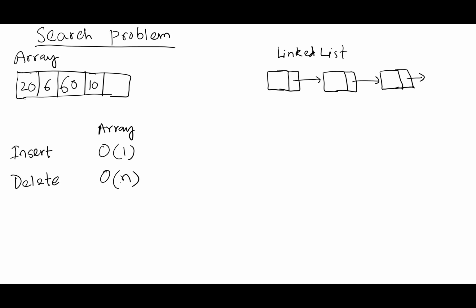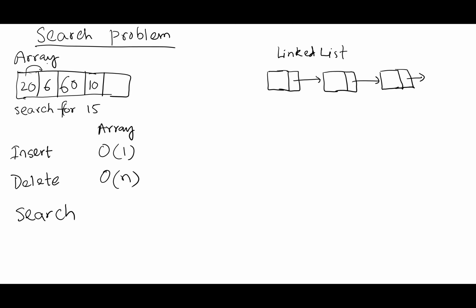Now the important one that we wanted to talk about, the search. Say someone asks to search for 15. To decide whether 15 is in the array or not, we have to check everything.